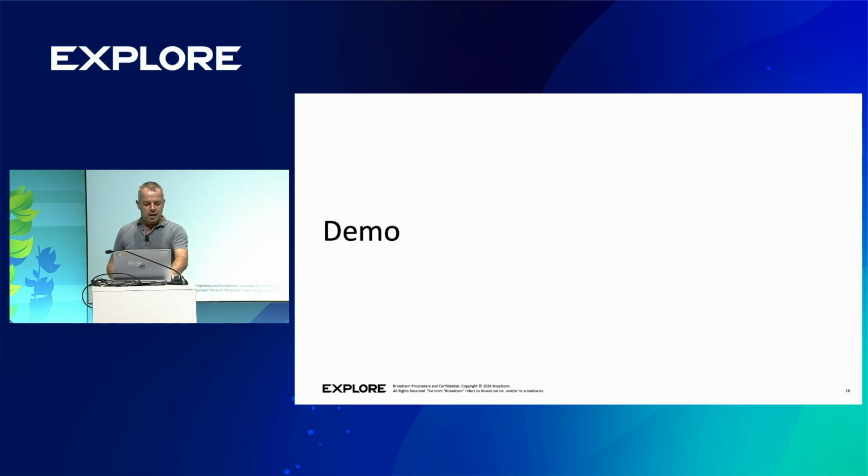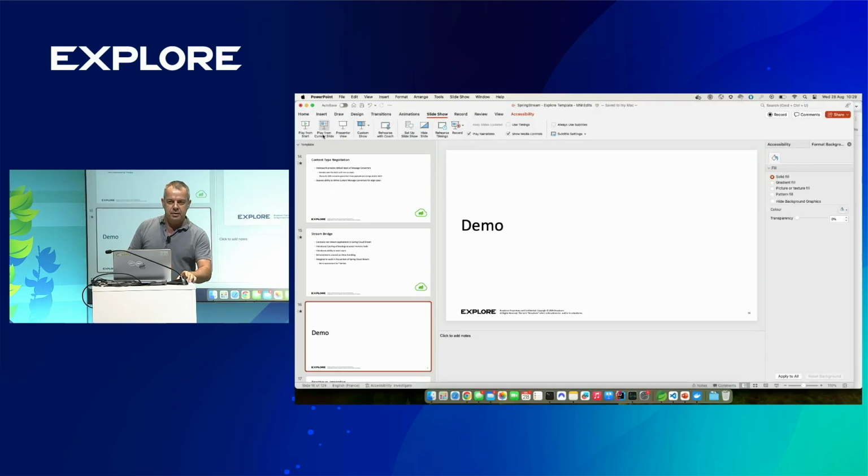Okay. So at this point of time, we're probably going to do the demo for the rest of it, and this is where that cheat sheet is going to be helpful. So we just saw a very basic Spring Cloud Stream app, right?